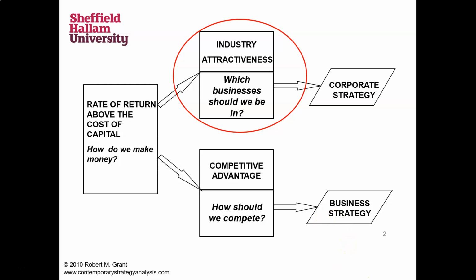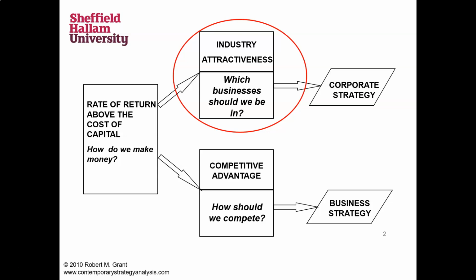But organisations, when they're thinking about strategy, don't just have to ask, how should we compete? They've got to ask themselves an equally fundamental question, which is, which business should we be in? When an organisation is considering this, it's really asking, are the businesses that we're in currently attractive to us?